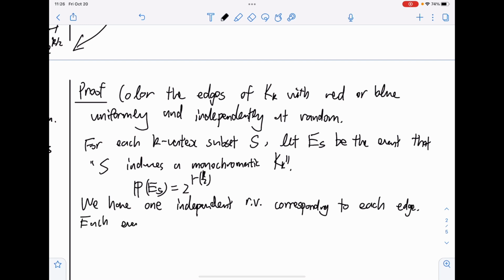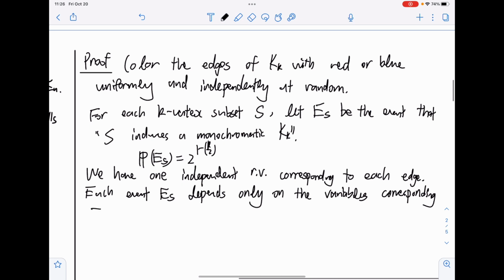Each event E sub S depends only on the random variables corresponding to the edges in S.